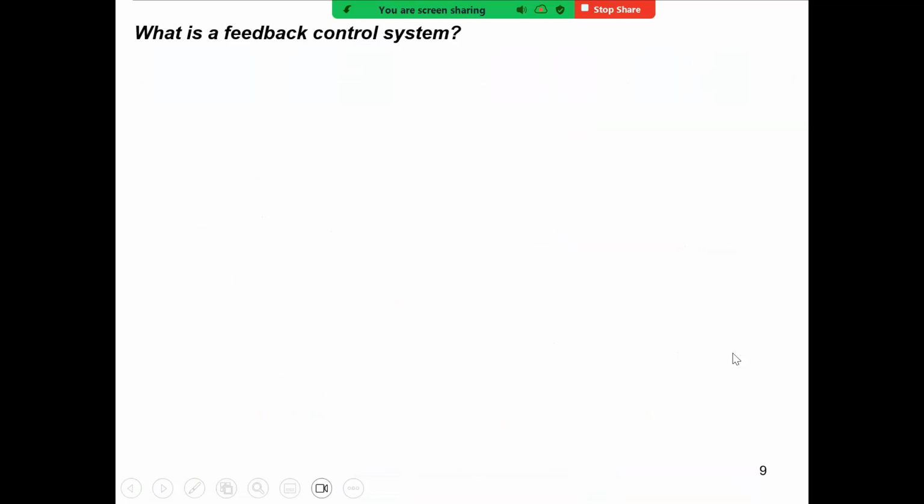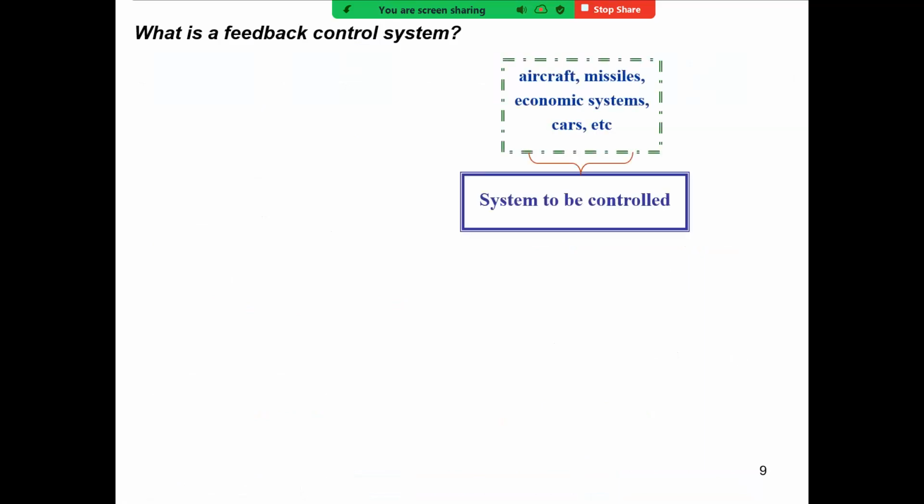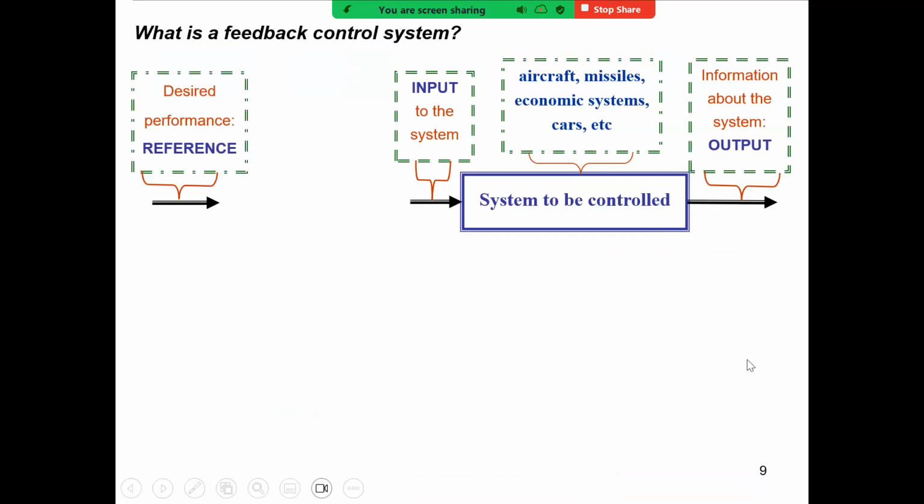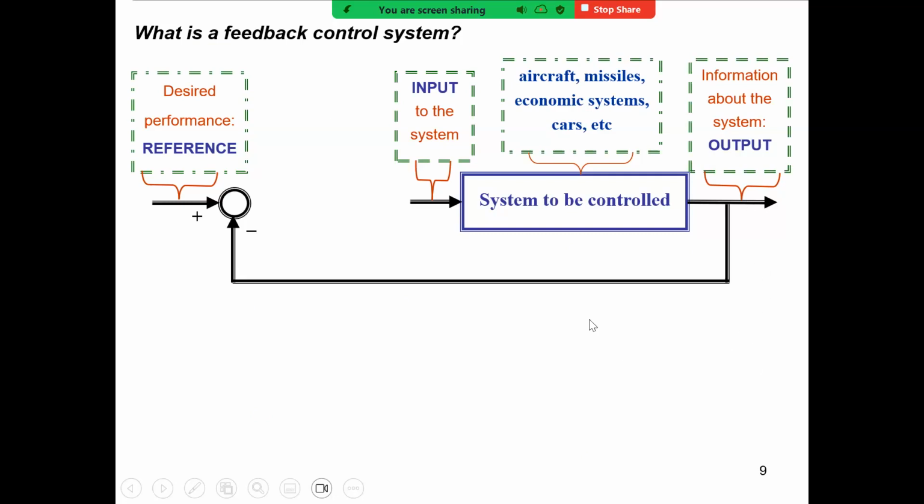Now, what is a feedback control system? We say, all right, you want to change, you want to improve, and then feedback. If you want to change, then you have to use feedback. So what does feedback mean? It means that you have to observe the output, you have to have a sensor, you have to look at what is going on at the output from the real situation.